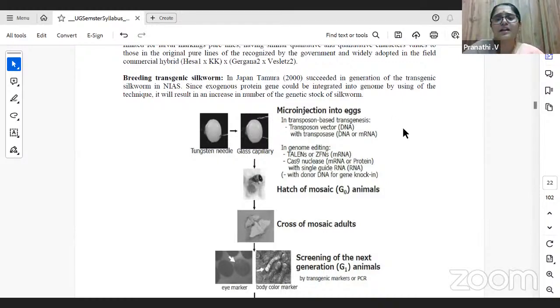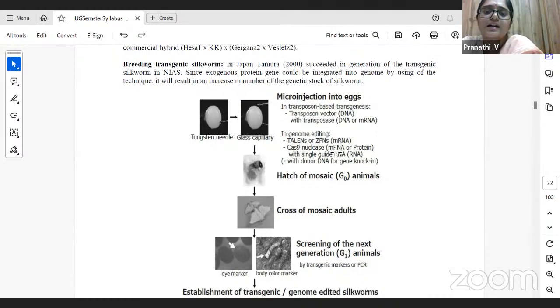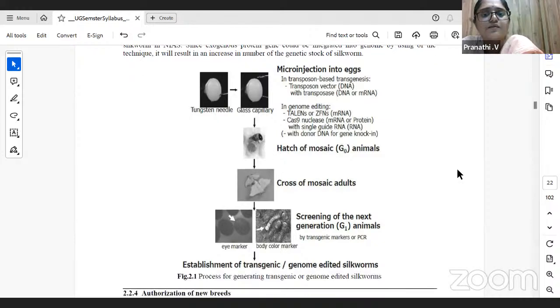Then genome editing was done using TALENs or zinc fingers, that is mRNA. You have the enzyme Cas9 nuclease, which is again mRNA or protein, involved along with the single guide RNA. Then you have the donor DNA, because of which the gene was knocked in, and a hatch of mosaic G0 animals was produced.